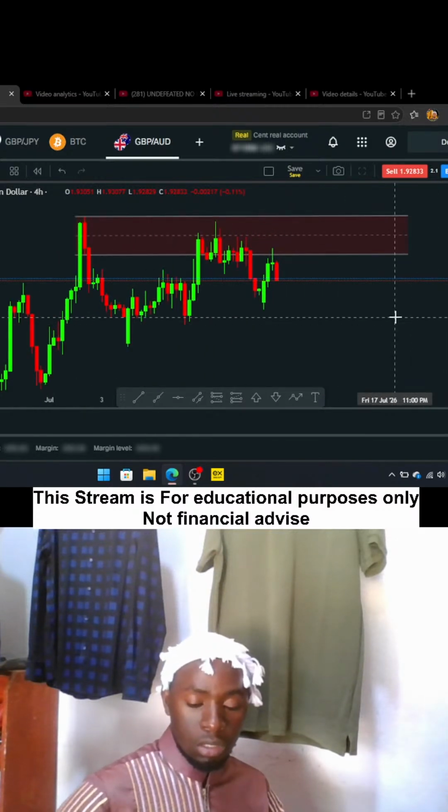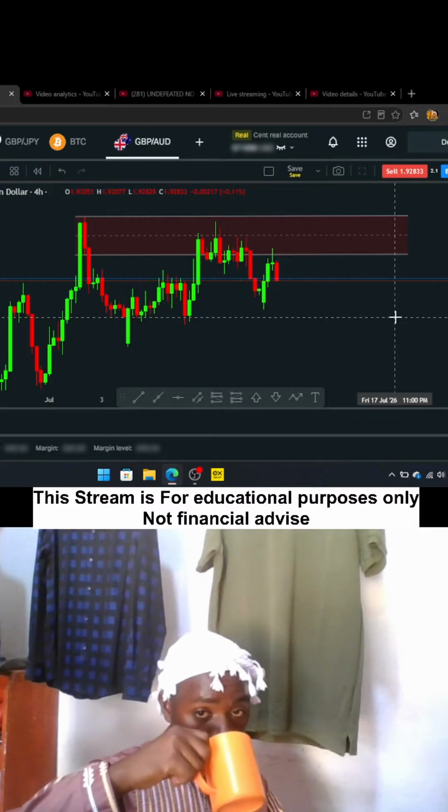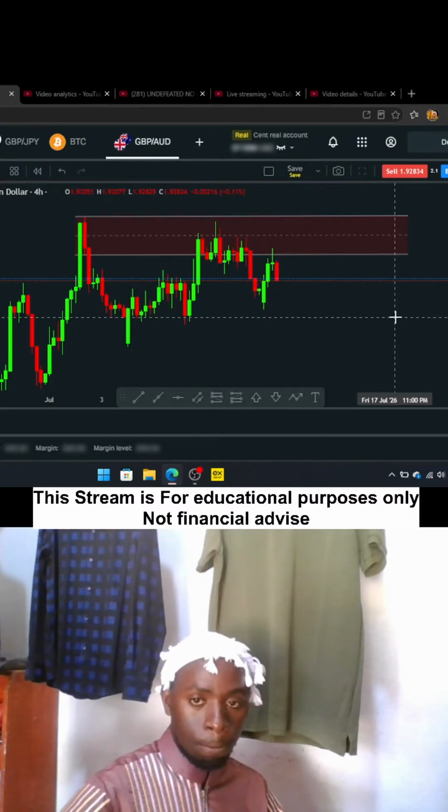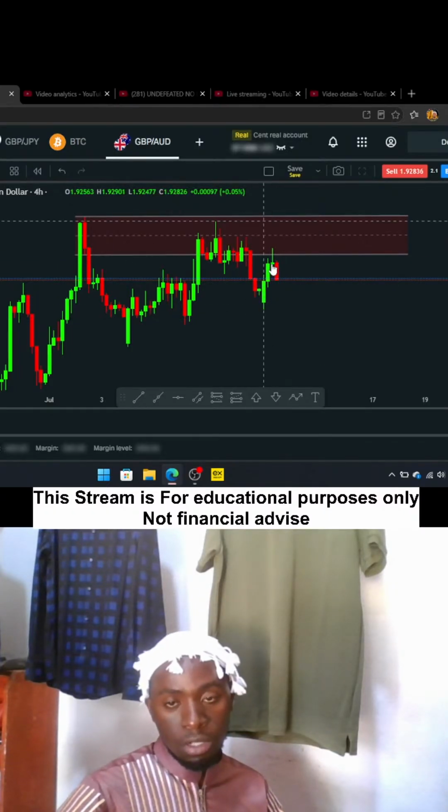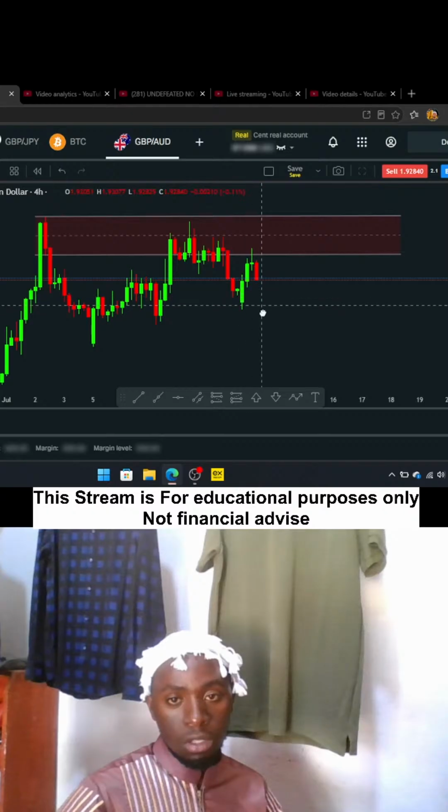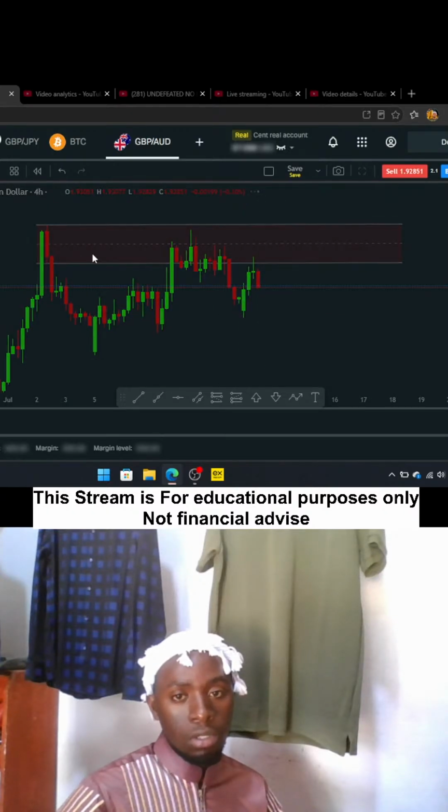Other than that, this is a failed candlestick here. It failed massively.